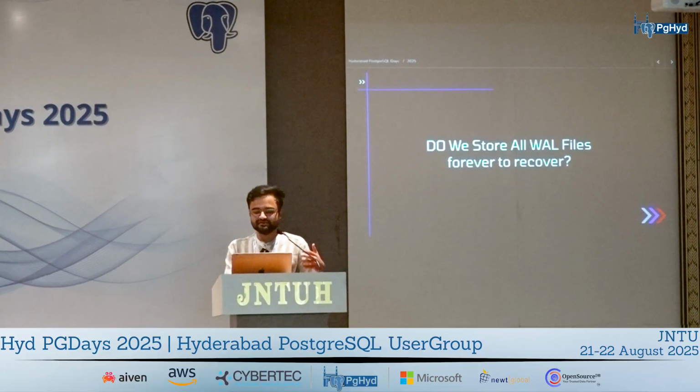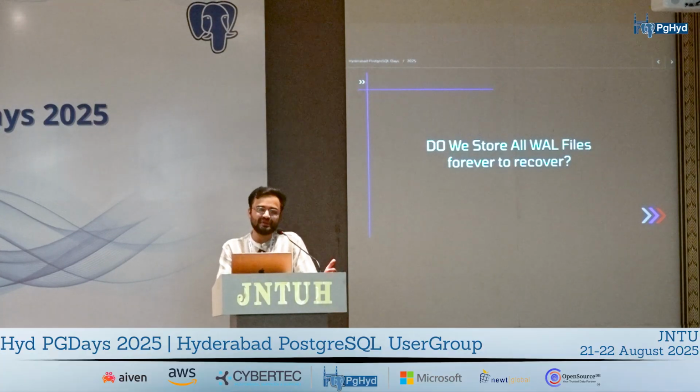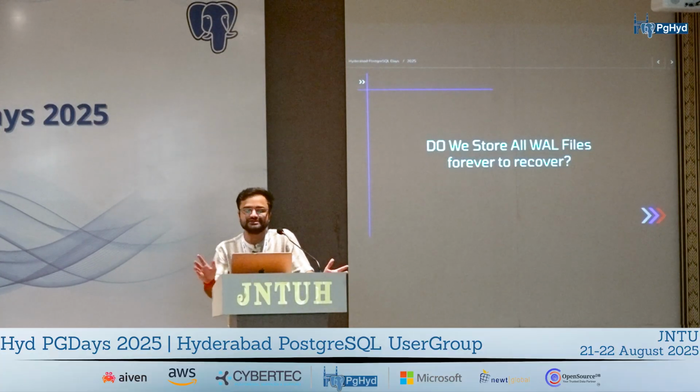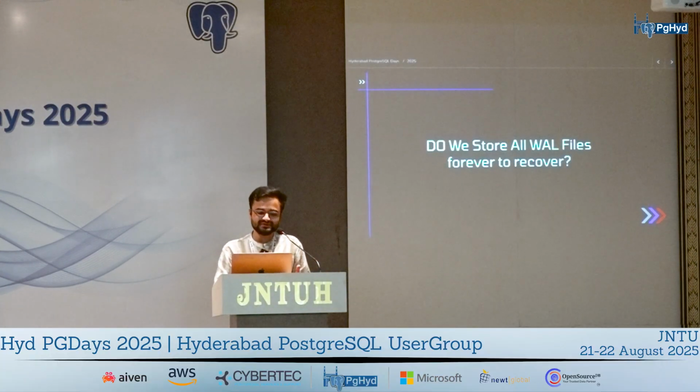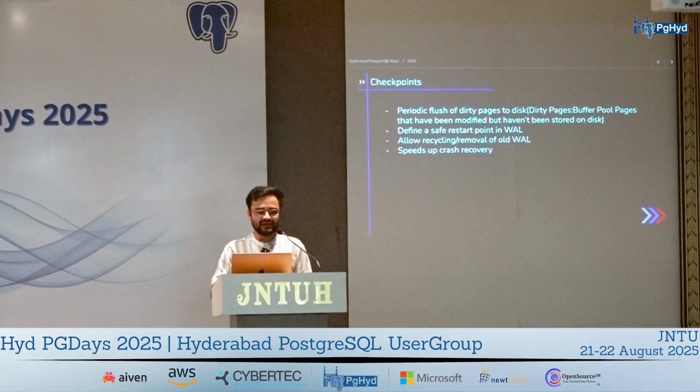So in theory it sounds doable, but when it comes to practical use cases where you have tons of data within your database, it is not feasible to build that instance from the ground up at the byte level using WAL files. To tackle this, we have checkpoints within Postgres.